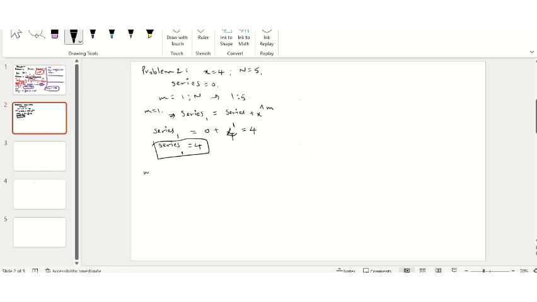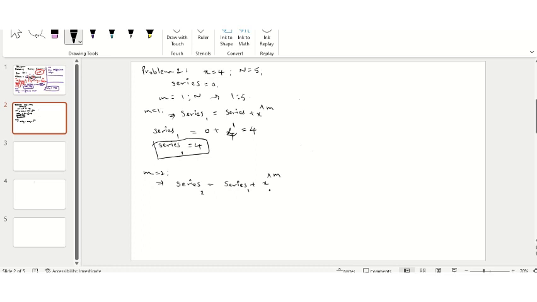Now, when m is equal to 2, again I am writing the same formula. Series is equal to series plus x to the power of m. So here series after second loop is equal to, what is the updated value we are having from the previous loop? That is series 1, right? Series 1 is 4.